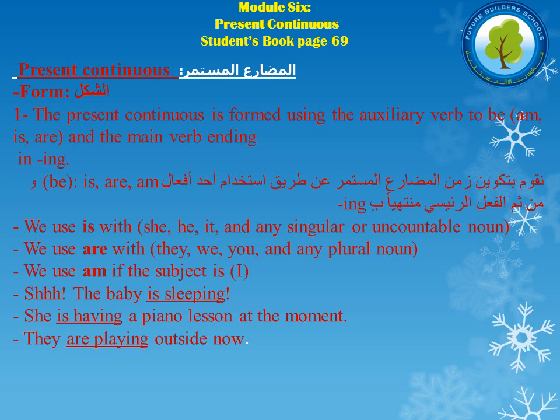The present continuous is formed using the auxiliary verb to be am, is, are, and the main verb ending in ing. نقوم بتكوين زمن المضارع المستمر عن طريق استخدام أحد الأفعال is, am, are وهم verb to be ومن ثم الفعل الرئيسي منتهيا ب ing, meaning we add ing to the verb to make the continuous form.